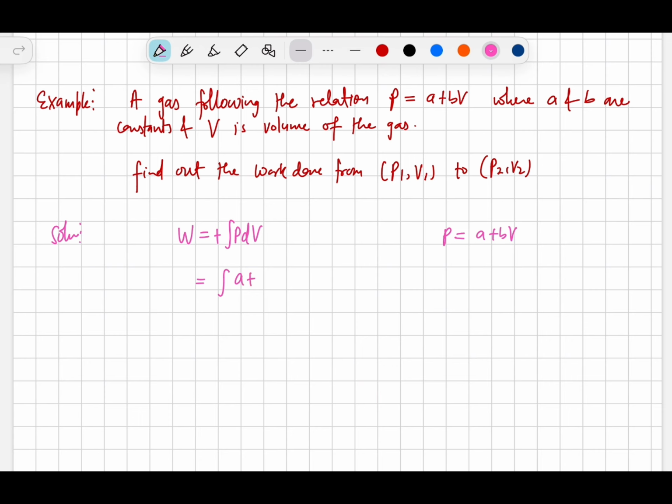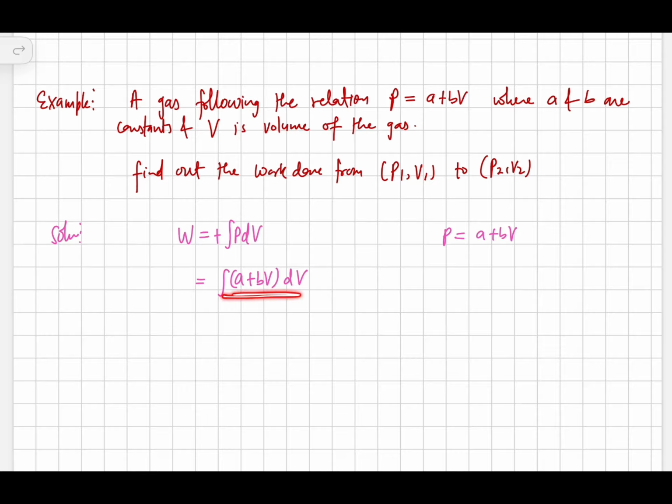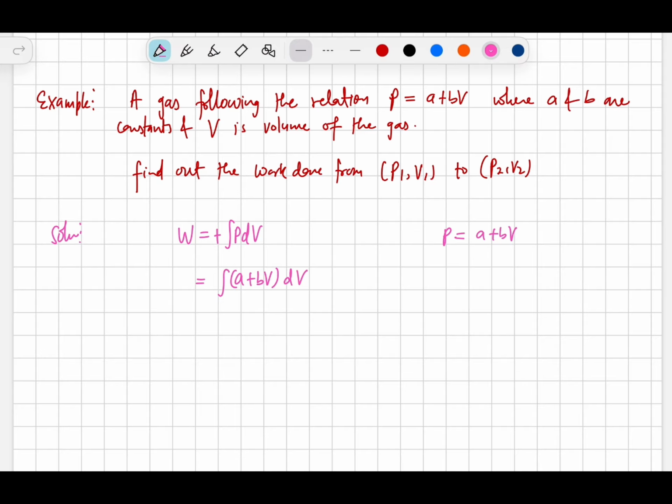So you replace the value of P here. Now you can see the whole integration has converted into a single variable. So you can integrate it from the initial value of V to the final value of V.